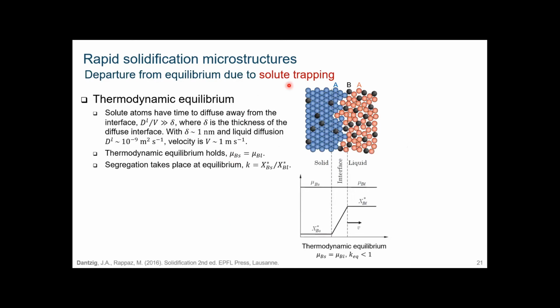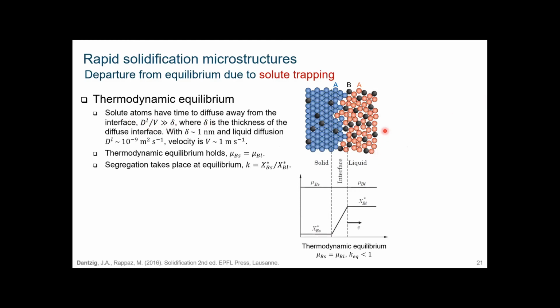So if you have thermodynamic equilibrium, what we consider is that the solute atoms have time to diffuse away from the interface. So basically, if you consider the diffusion in the liquid divided by the velocity of the interface, this quantity is much larger than delta, which is the thickness of the diffuse interface.